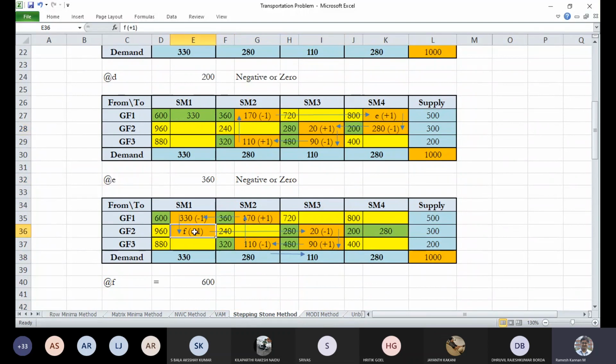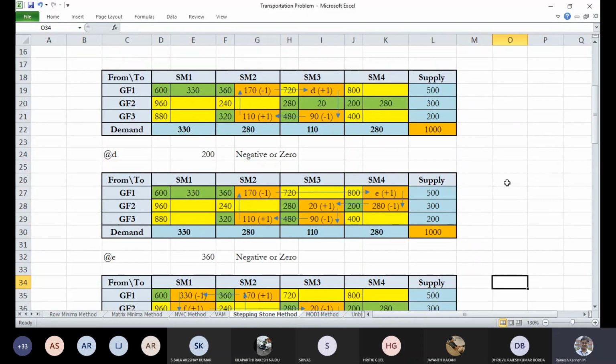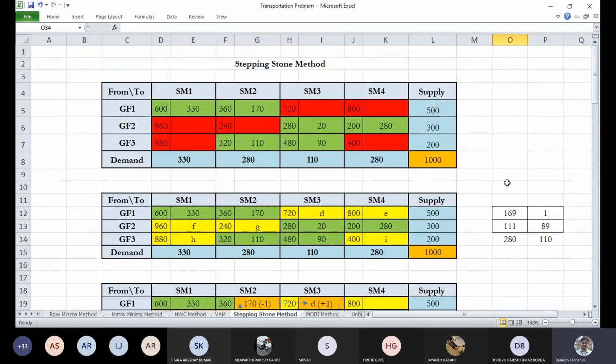So F is here. F is a little tricky, so kindly pay attention. If you take a look at this F, you might not see any loop at all, right? For example, if it goes here, and if it goes here, you cannot have a diagonal like this, and you cannot come to this thing, and it does not form a closed loop.